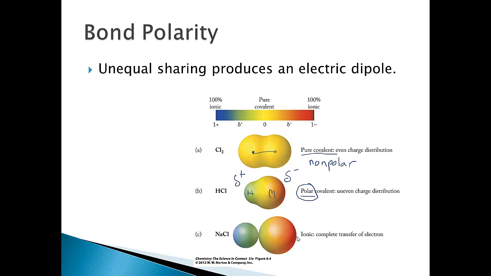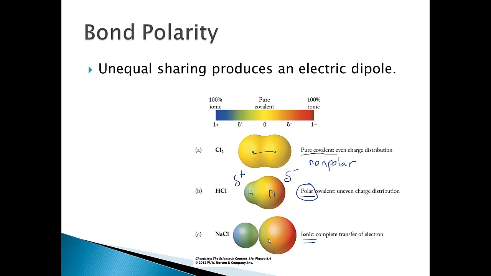So we end up with this atom over here essentially being a full -1 charge, and this end being essentially, but not quite, a +1 charge. And so we call that an ionic bond. So the bigger the electronegativity difference, the more our compound looks like an ionic compound.